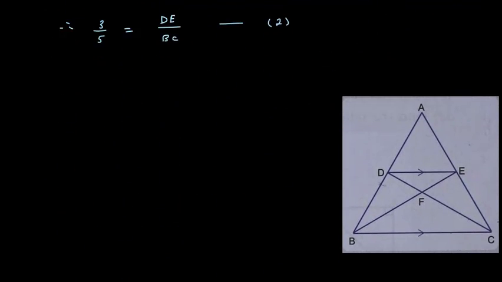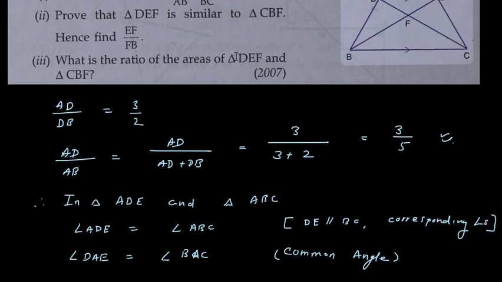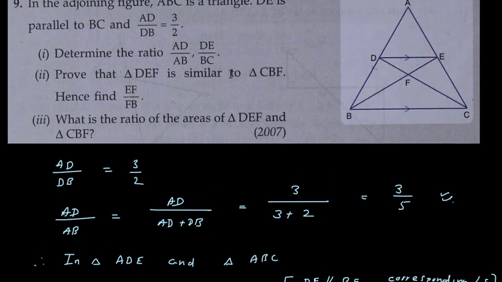So here, in triangle DEF and triangle CFB, I have to prove that these two triangles are similar. DEF and CBF.